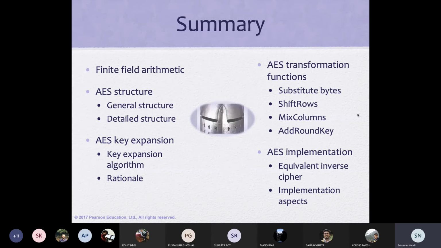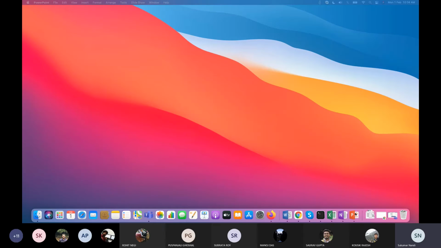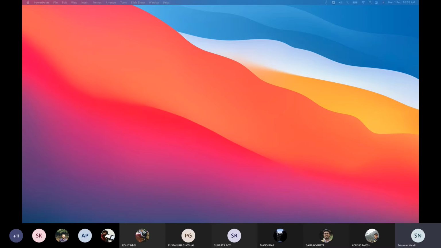You can easily find it out. You may expect some questions in this respect also: how they differ from each other and where the actual difference comes into the picture. So we'll switch to the next set of slides, that is the next chapter.